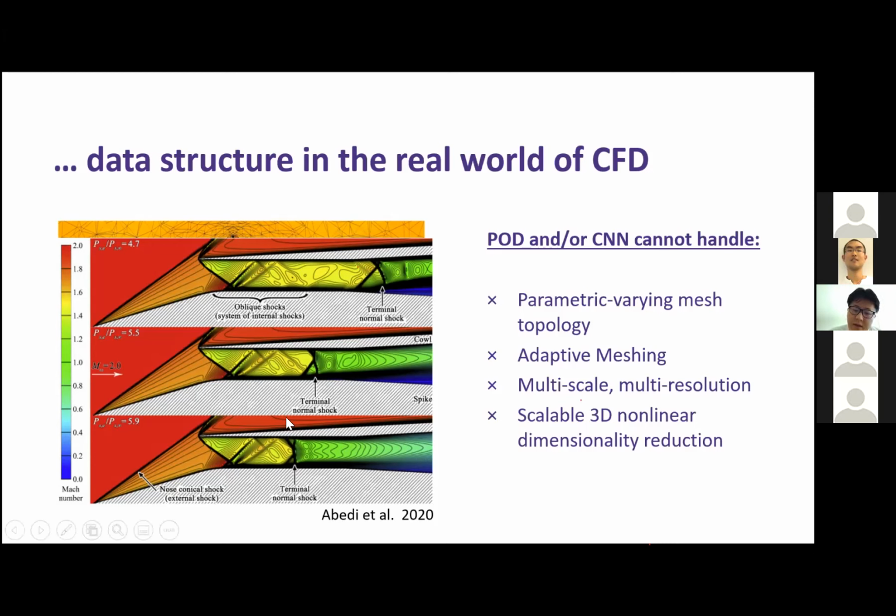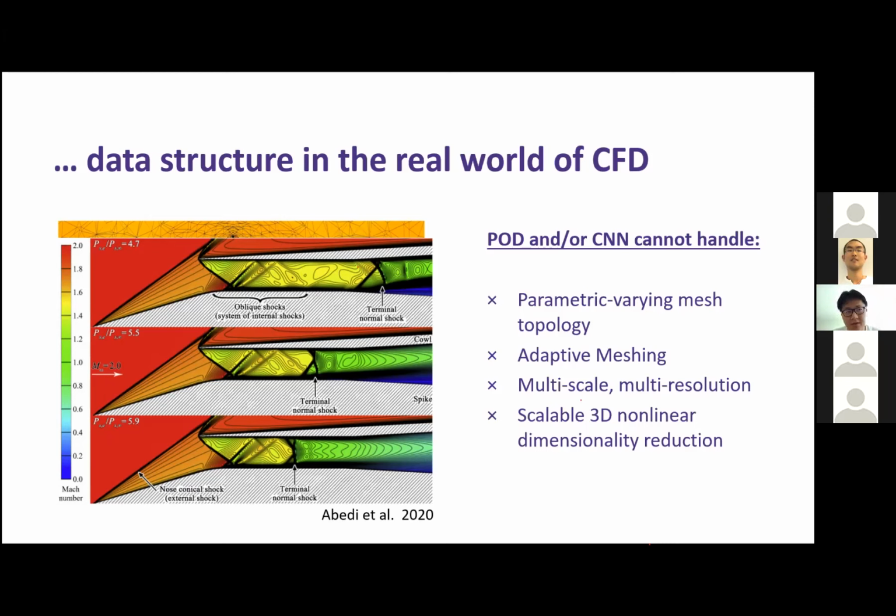And if you want a scalable nonlinear 3D dimensionality reduction, CNN is also not possible. The reason is that it's really challenging because when you're jumping from 2D CNN to 3D CNN, the memory requirement jumps from quadratic to cubic. And this is causing a lot of issues for 3D CNN to work.